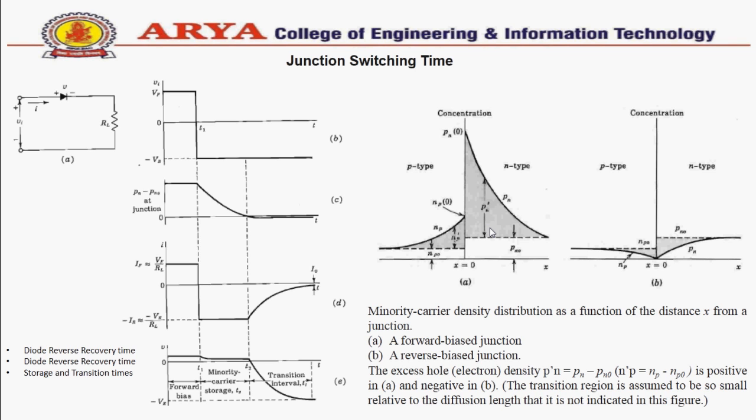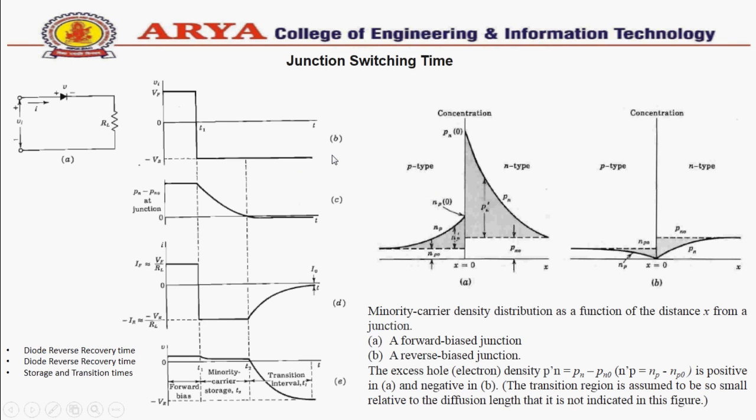The current cannot attain the steady state value until the minority carrier distribution, which at the moment of voltage reversal had the form in figure A, reduces to the distribution in figure B. Until the injected or excess minority charge carrier concentration, that is Pn minus Pn0 or Np minus Np0, has dropped to 0, the diode will continue to conduct easily and the current will be determined by the external resistance in the diode circuit.